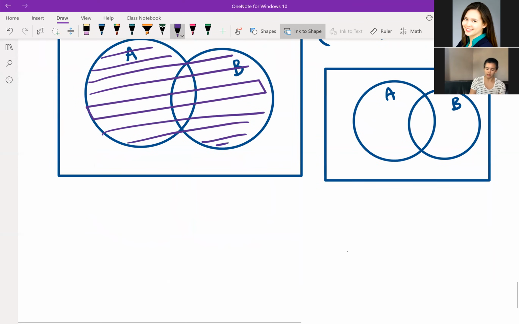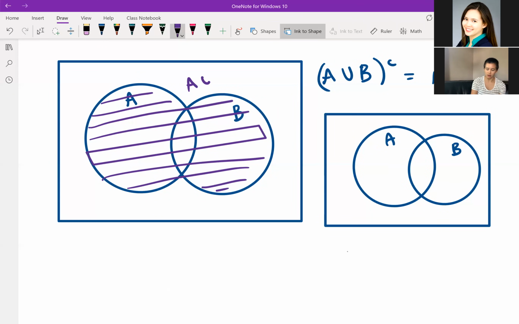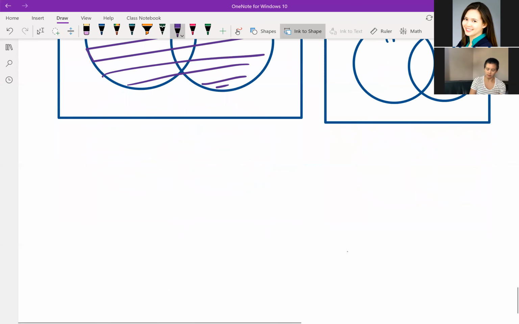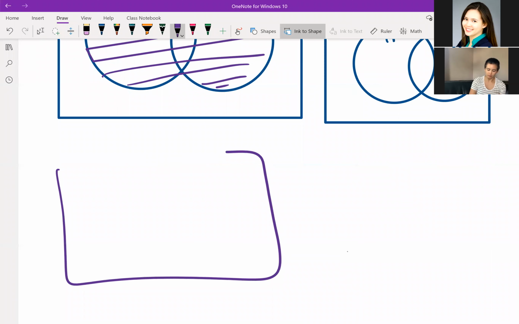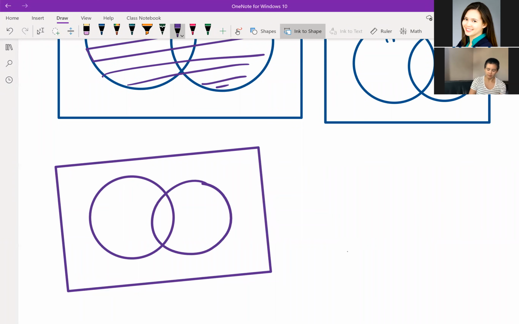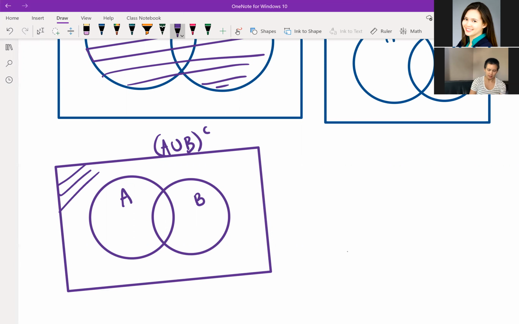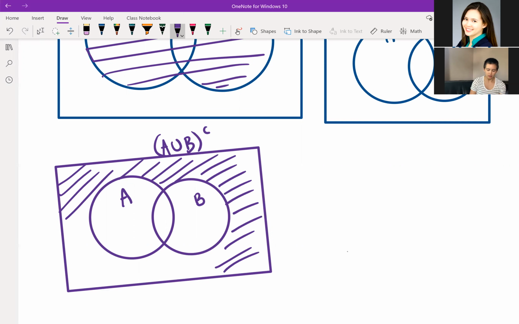So here's A union B. And so then A union B complement is everything that's not in the blue shaded area. So here is A union B complement.